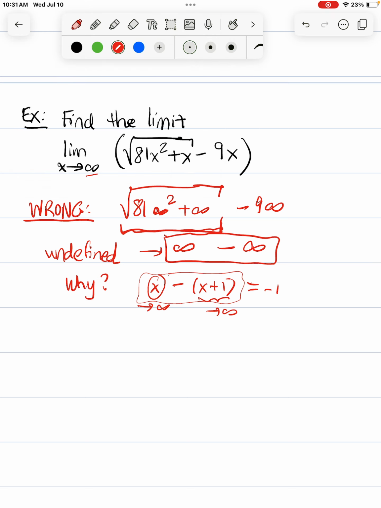If you replace this 1 by a constant c, say, then the limit will be negative c, and negative c can be anything.